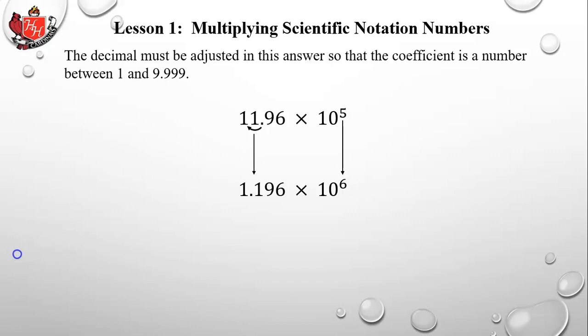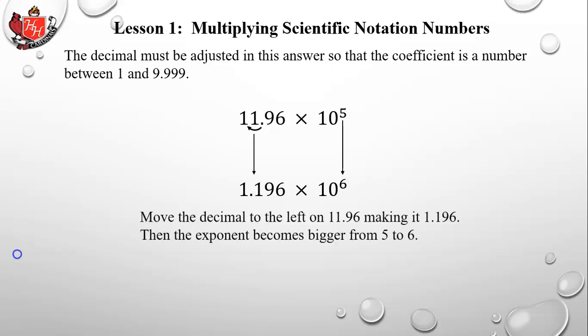So what you did with the exponent is you multiplied by 10. 10 to the 5th and 10 to the 6th is a multiplication of 10. 10 to the 5th times 10 is 10 to the 6th. Anytime you increase the exponent by 1, you're increasing it by 10 times. So you divided the coefficient by 10, and you multiplied the base and the exponent by 10, so they offset each other, and those two numbers are of the same value.